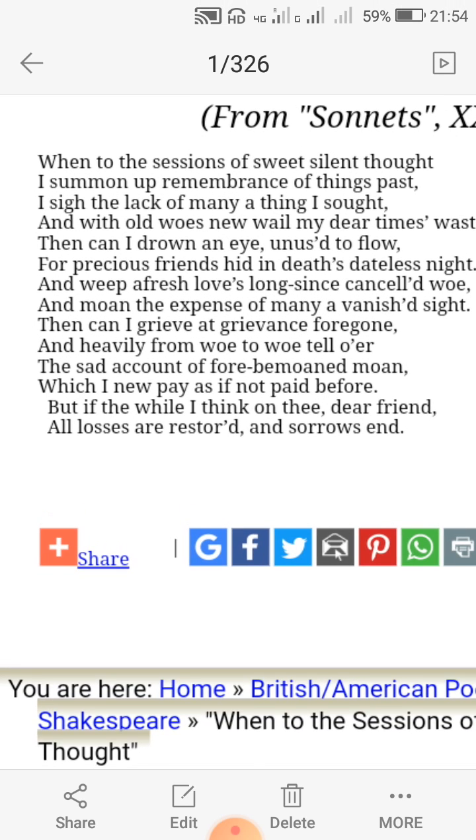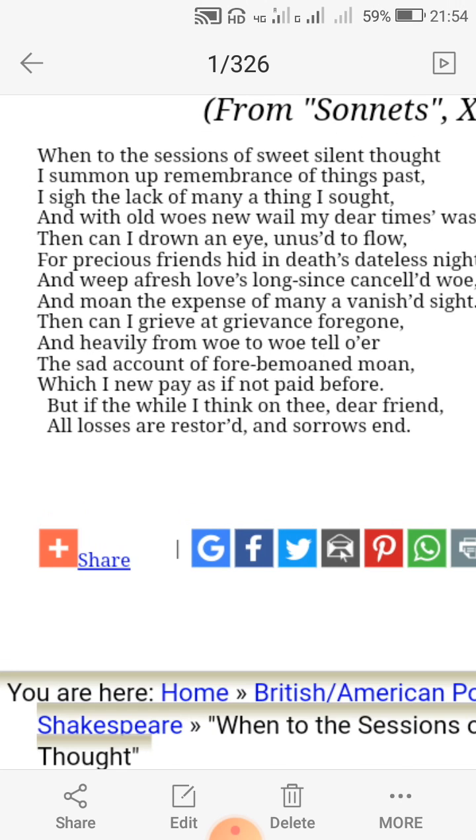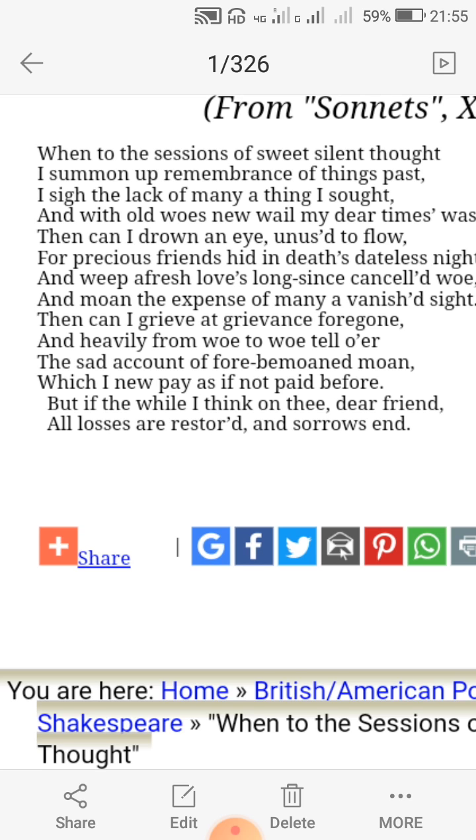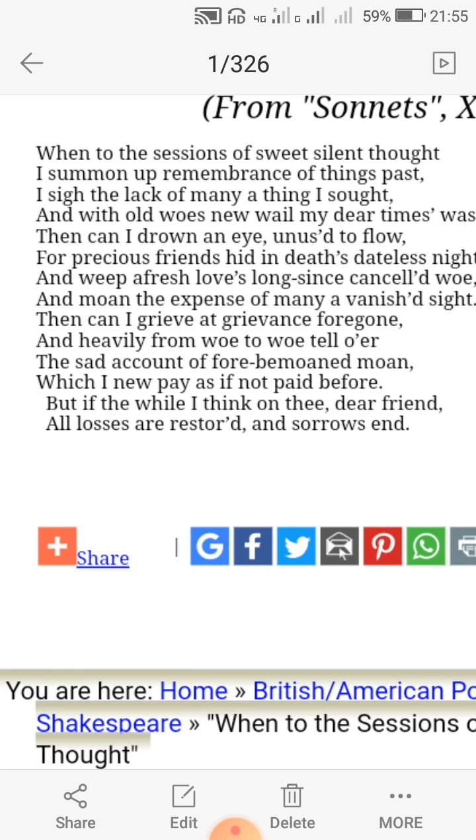He becomes very sad, and he is about to weep over their death, over missed opportunities, what he could do good in the past, but the time has gone. He has wasted the time, and time has wasted him.